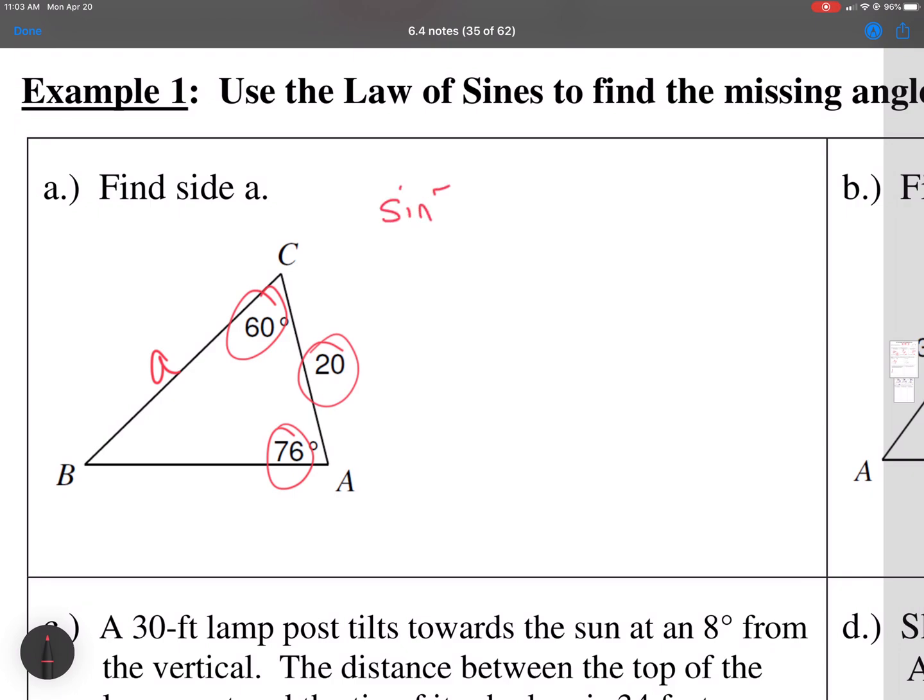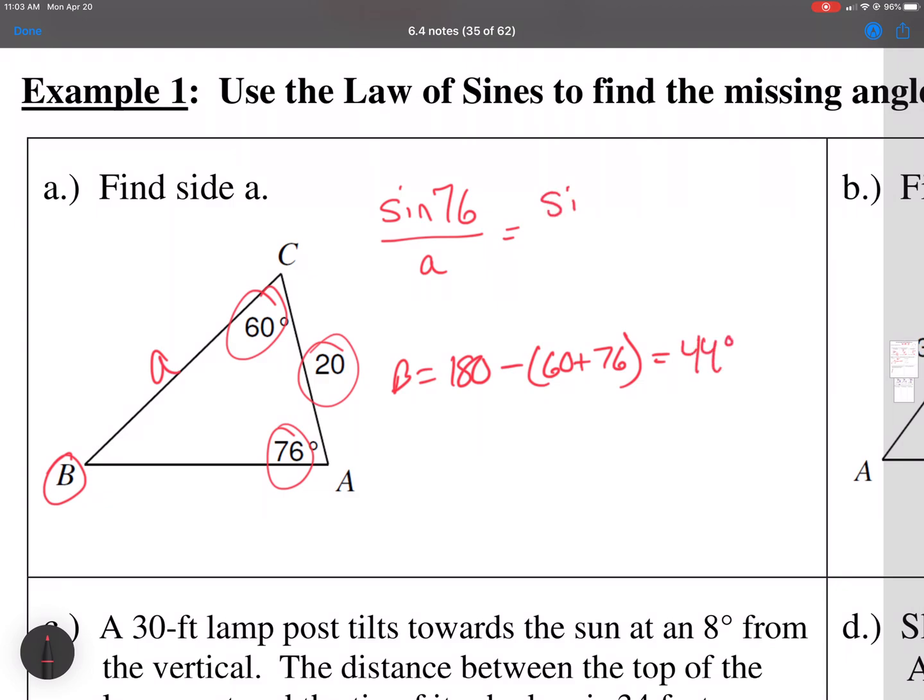Sine of capital A, which is 76, over little a, equals sine of, we can't use 60 because we don't have 60's corresponding side, but we can use angle B. Well, if we want to know what angle B is, all we have to do is add 60 plus 76 and subtract it from 180. And that gives us 44 degrees. So we'll do sine of 44 over 20. So that gives us the proper ratio.